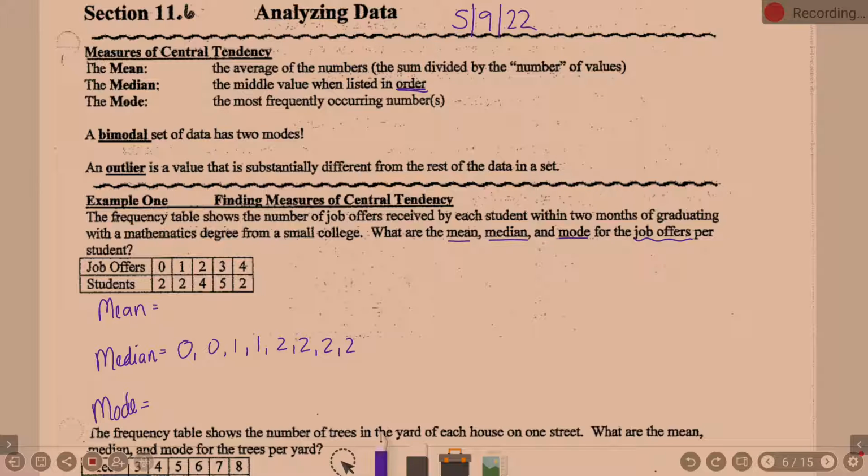That was 4 twos. 5 students had 3 job offers, so now what do I need? Should be 5 3s, right? Because 5 students had 3 job offers. So each of these numbers is representing the job offers per student. And lastly, 2 students had 4 job offers.